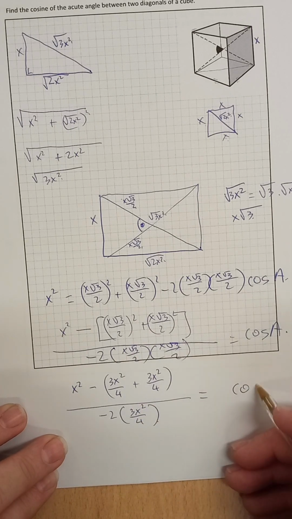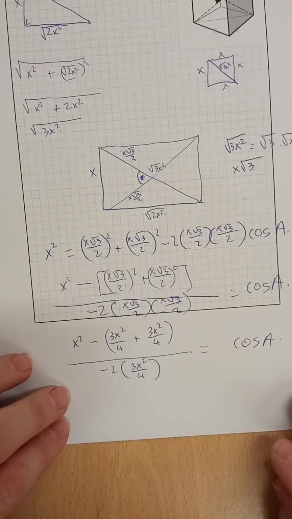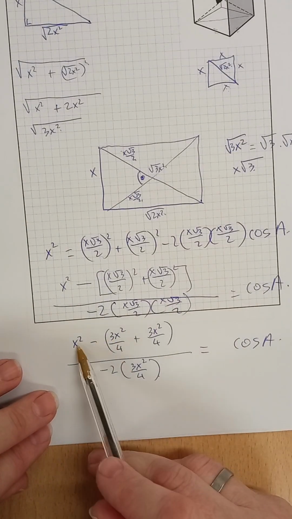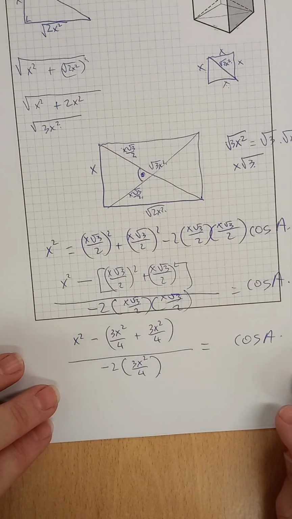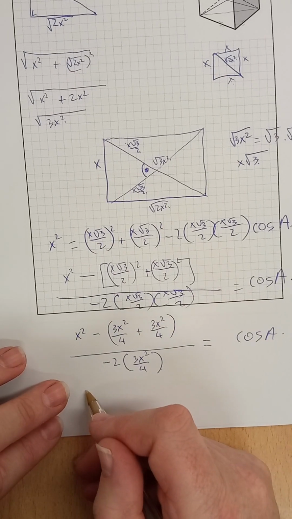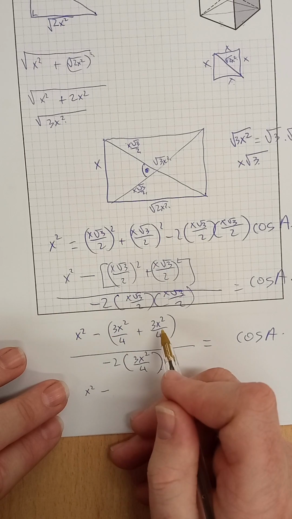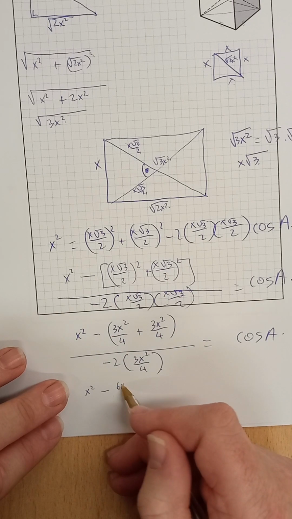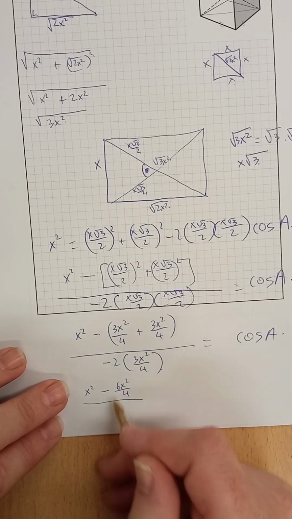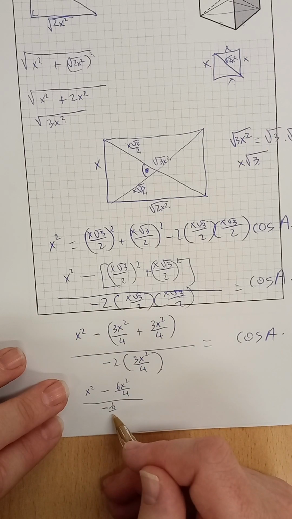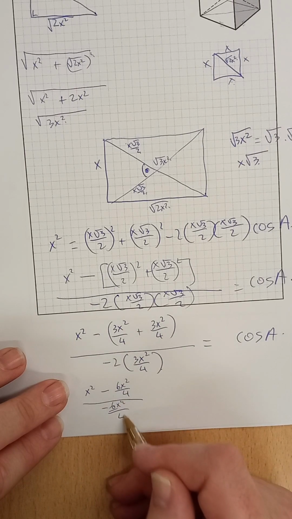And that's equal to the cos of a. Now I can see what's going to happen in here. I'll try and do this as quickly as possible. That's going to be x squared minus 6x squared divided by minus 6x squared over 4.